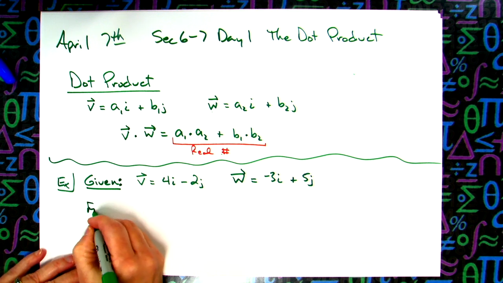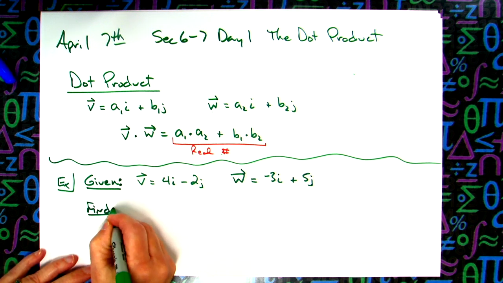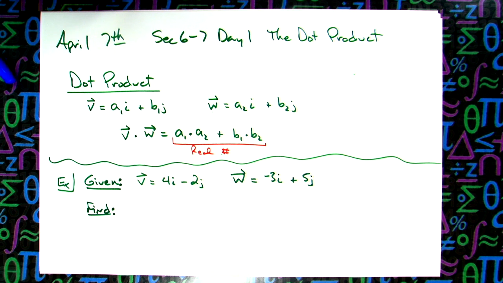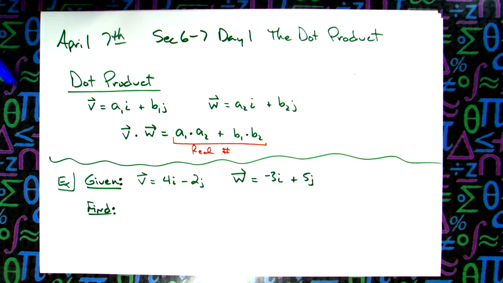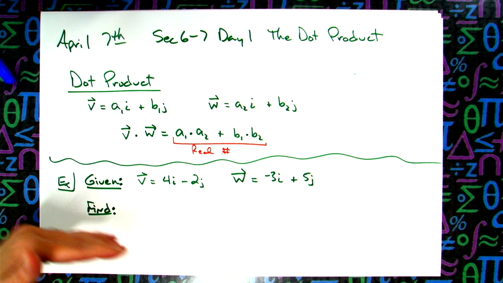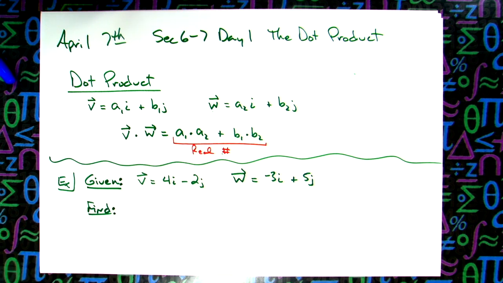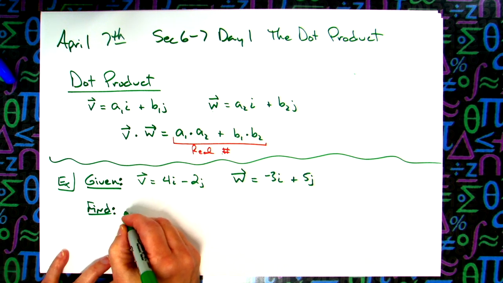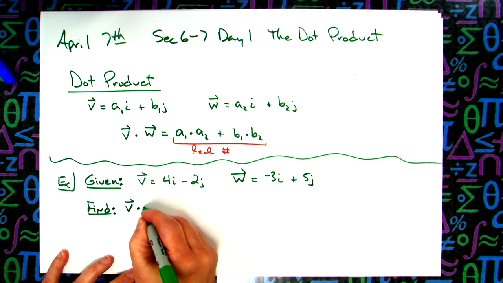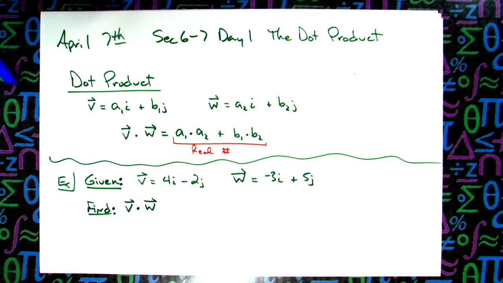Now I can say find the dot product. I can be a little bit more specific. If I said find the dot product, you'd multiply the two. But I could ask you to multiply v times v. I could ask you to multiply w times w. Or if I asked specifically for the dot product of those two, you would be multiplying v times w. Okay, so let's just say that we're multiplying v times w, which would be the dot product. Okay, so those are your directions.